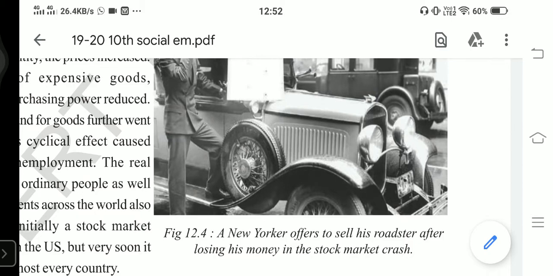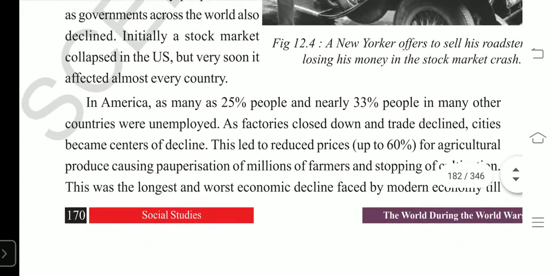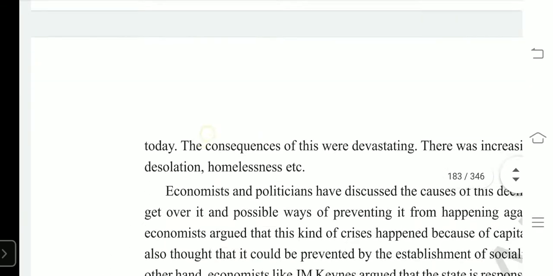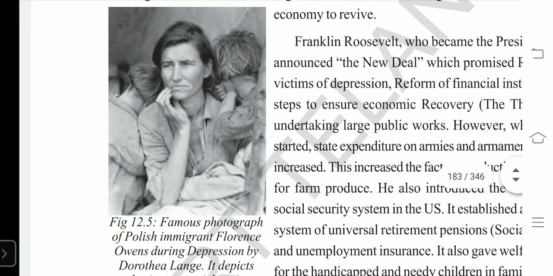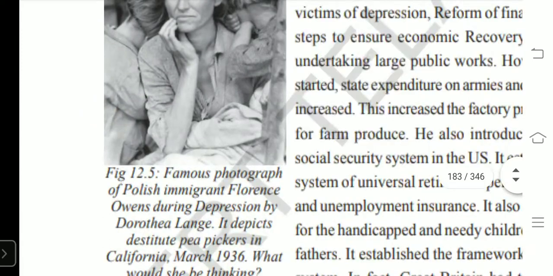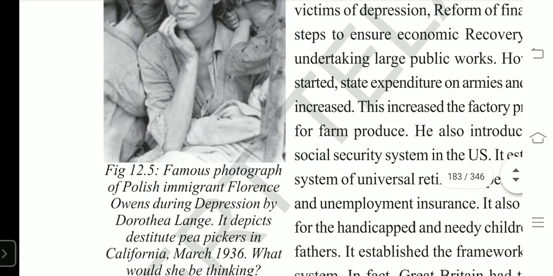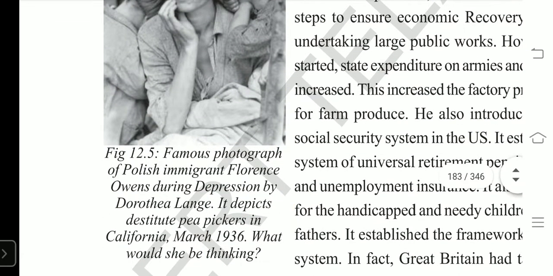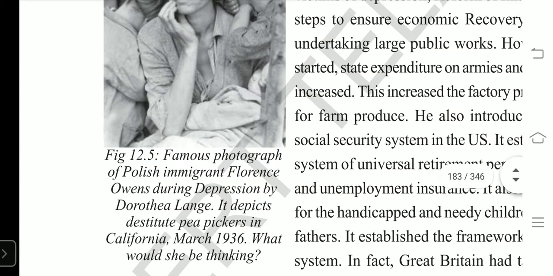This is a valuable car he is selling in the market because there is no money with him. He turned unemployed. Similarly, here you can see a photograph taken by Dorothea Lange, showing a Polish immigrant.